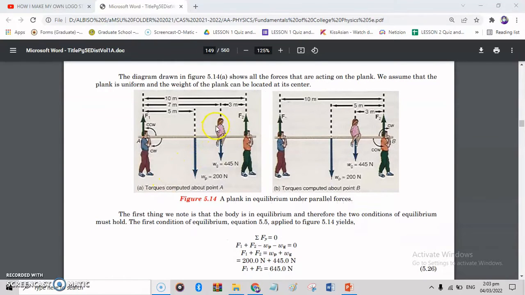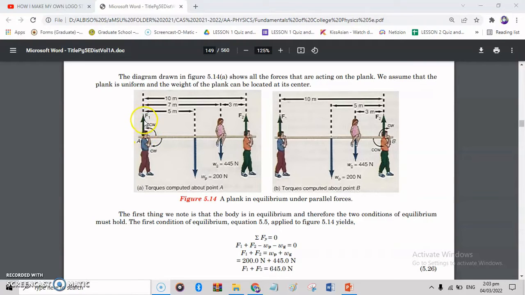Now, for these distances, okay, 10 minus 3 is 7. So, this is 7. And then, yung gitna is 5 meter. As you can see, for the torques computed about point A. So, where is our point A? Let's say, this is our point A kay boy or kay bapa sa left. Okay, this is for A. Now, we have F1. Okay, pataas.